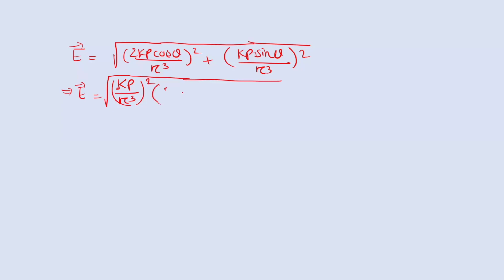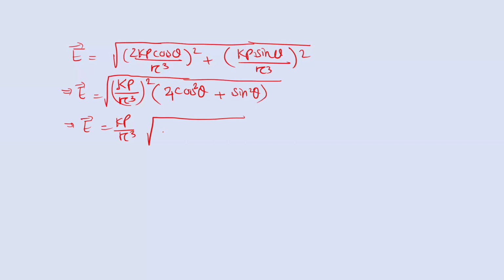Inside it is (2 cos theta) square, which gives 4 cos square theta, plus sine square theta. Now you can take this term outside because square and root will get cancelled, and you will have E equals kp by r cube, and within root over you have 4 cos square theta plus sine square theta.